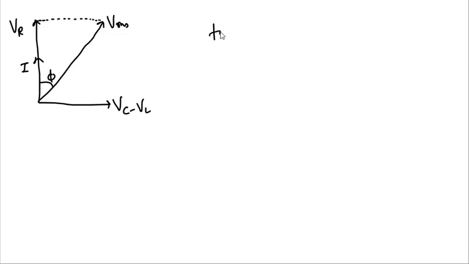We have already derived that tan phi is equal to (VC minus VL) by VR. Putting the values of VC, VL and VR, we get (XC minus XL) upon R, because VC is I XC, VL is I XL, VR is I R, and I and I will cancel out.